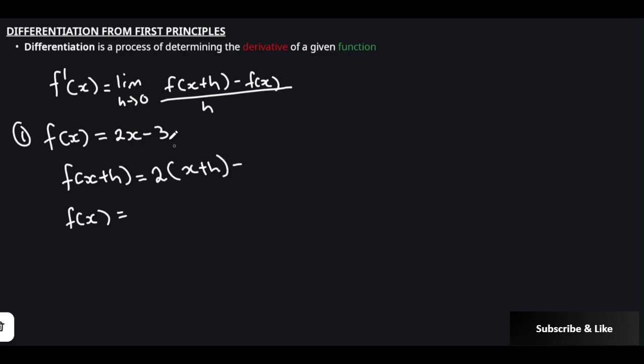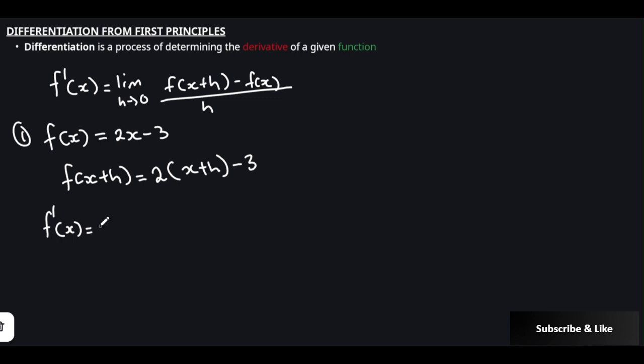And then the second term is just negative 3, so we don't have x there, so we're not going to replace it with anything. And then our f of x, obviously we know it's our original function. And then after determining f of x and f of x plus h, now we can proceed to our formula and just substitute our values.